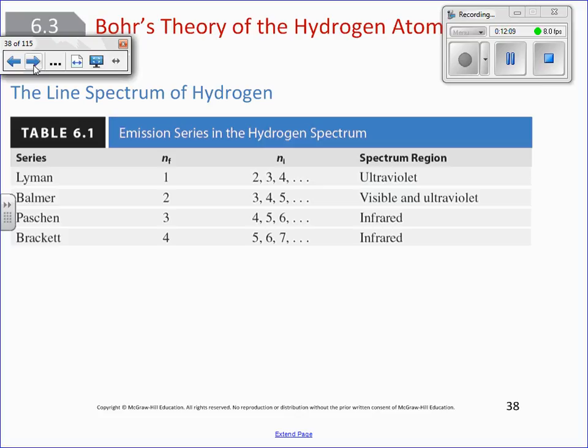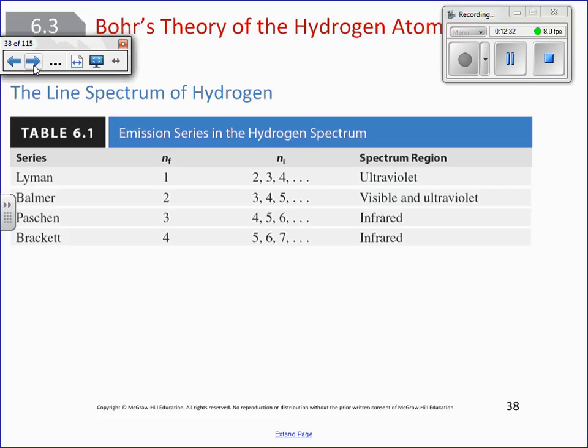If the final state is the second level, and you go from 3 to 2, 4 to 2, 5 to 2, those are all visible. Those are the ones we see. And then, of course, 4 to 3, 5 to 3, 6 to 3, and then the bracket series. Those are in the infrared.